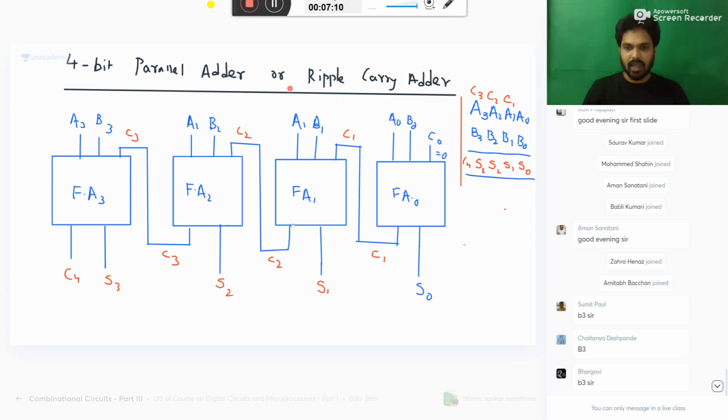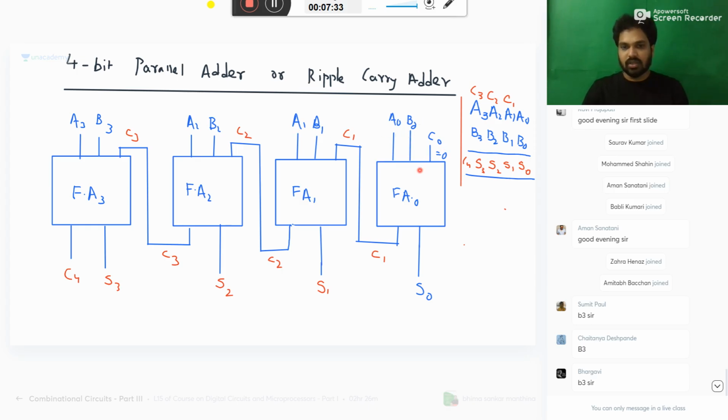Why is it called ripple carry adder? Here carry is propagating from one stage to another stage like a ripple. That's why it is called ripple carry adder. Is it clear what I'm saying? You give A3, A2, A1, A0 and B3, B2, B1, B0. Then first carry is not there.